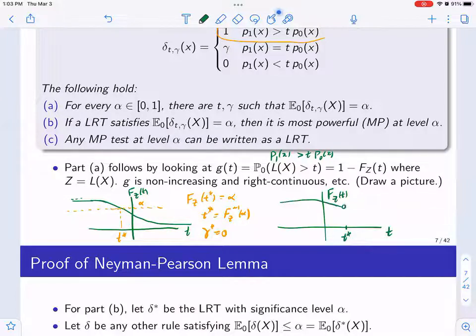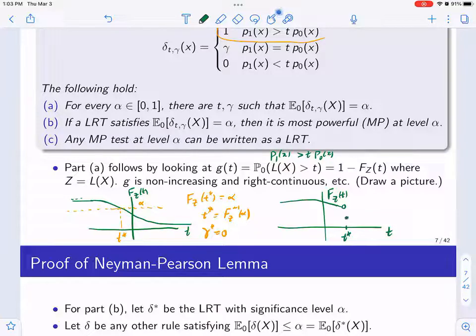So you have to think a little bit about whether the CDF is right continuous or left continuous. If it's right continuous, then this is also going to be right continuous. Just double check it. But something like this happens.